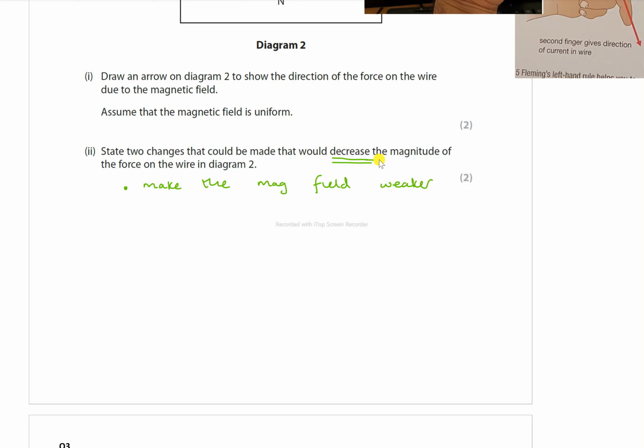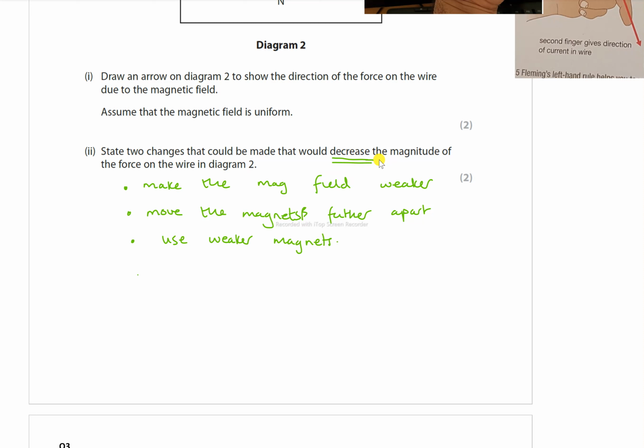You can move the magnets further apart, so that means it's a weaker field. You can use weaker magnets. If you have a weaker magnet, you have a weaker magnetic field. They'll allow any of this.